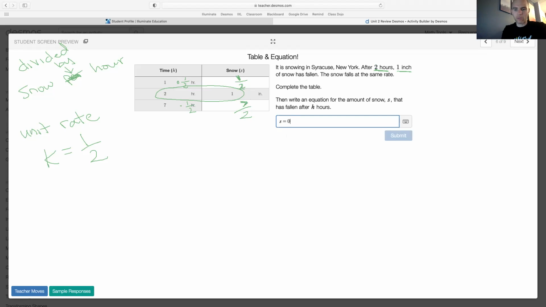I'm going to write it as 0.5 this time though, because I know that when I try to put this 1/2 next to a variable, Desmos might act weird or something. You know what? I'm going to try it anyway. I'm going to go 1/2. Oh no, that works fine. It made it nice for me. Okay, so 1/2 times h, right? If you take any of the h values, multiply them by 1/2, you get the S value. And that's what this equation here says.